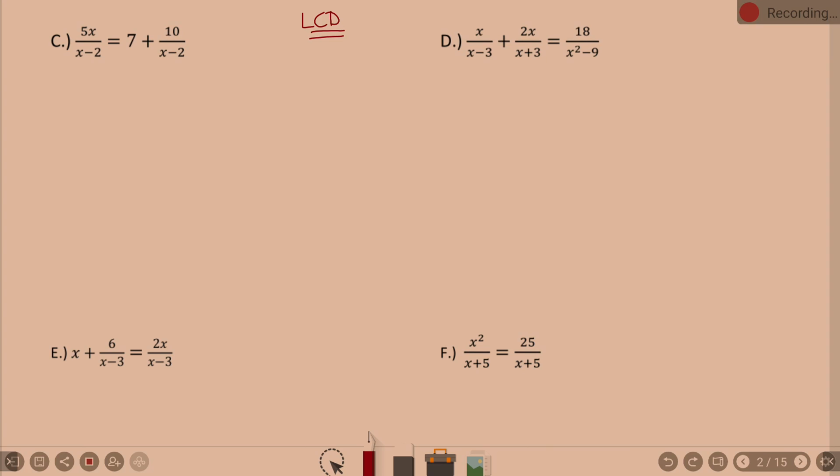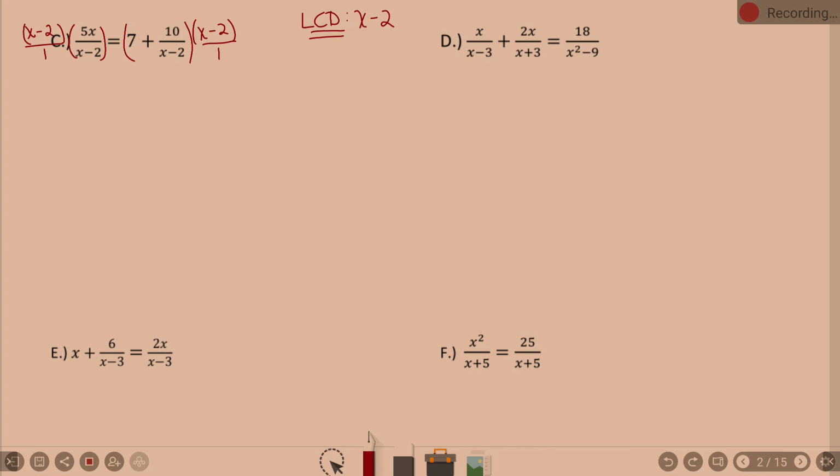So the least common denominator is x minus 2. Once you know that, remember we're taking all the pieces and multiplying by that least common denominator. So I'm going to multiply the left by x minus 2, and the right by x minus 2.